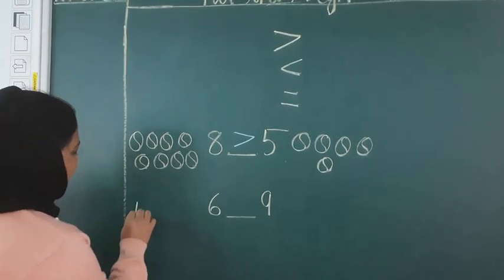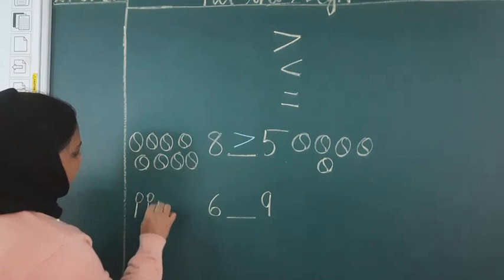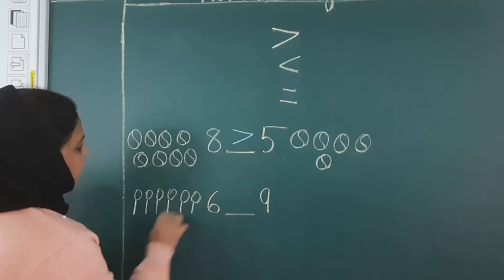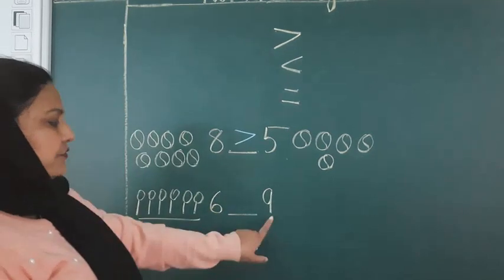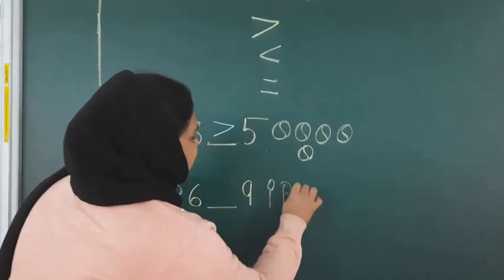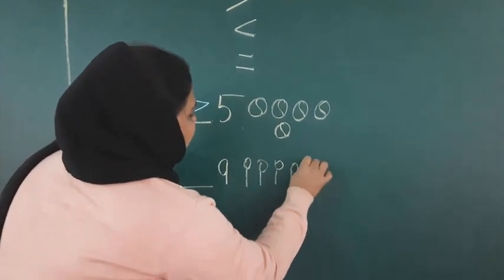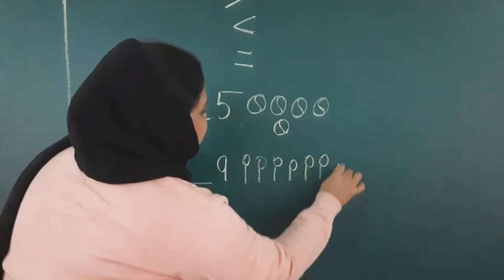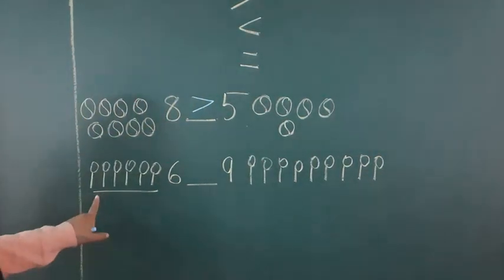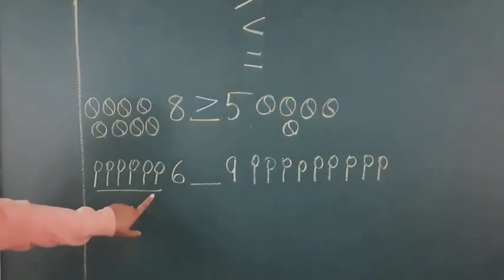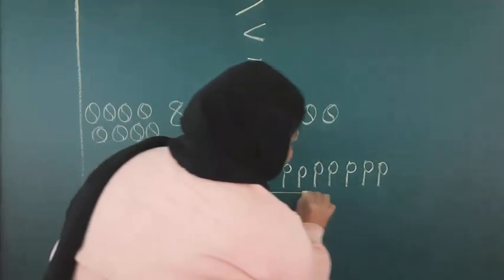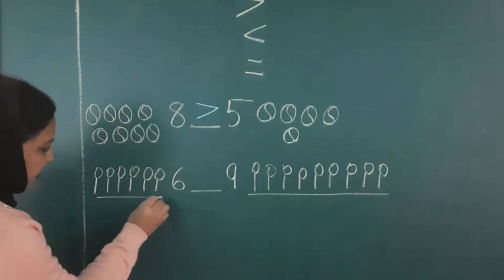So 1, 2, 3, 4, 5, 6. 6 lollipops are here, and for 9 lollipops, 1, 2, 3, 4, 5, 6, 7, 8, 9. How you can see here, automatically it will be less, and here see how many. यहाँ ज़्यादा लग रहा है और यहाँ कम लग रहा है.